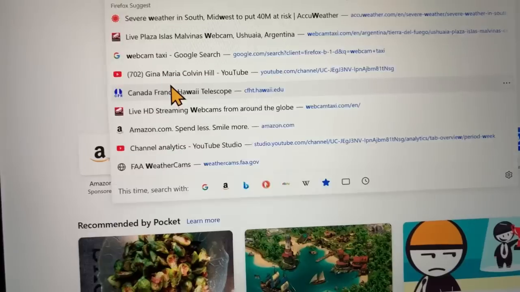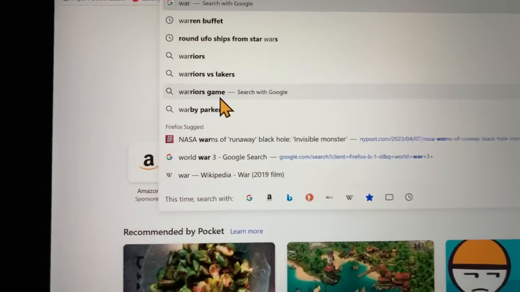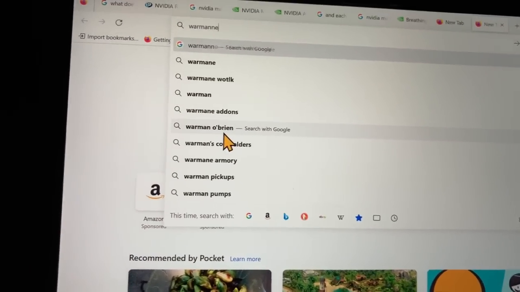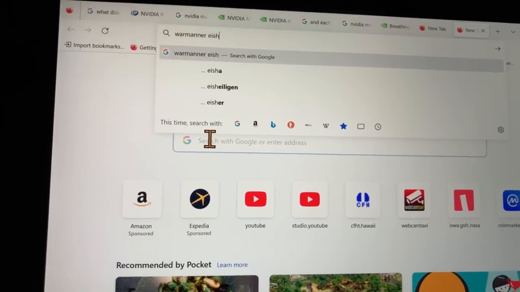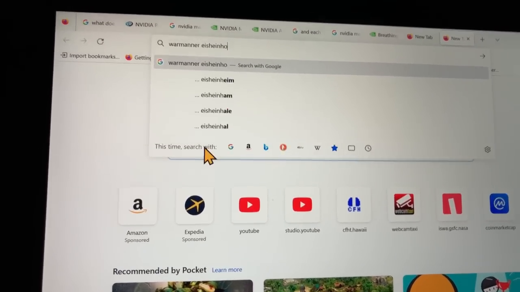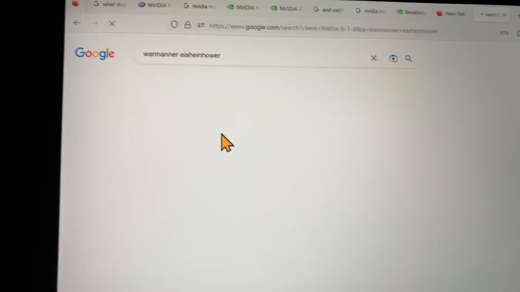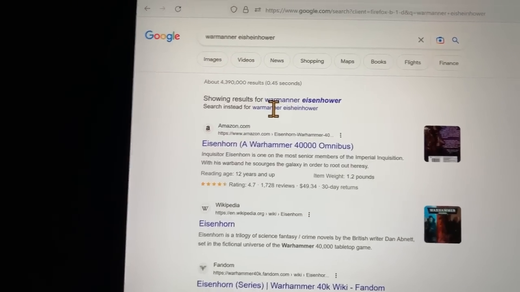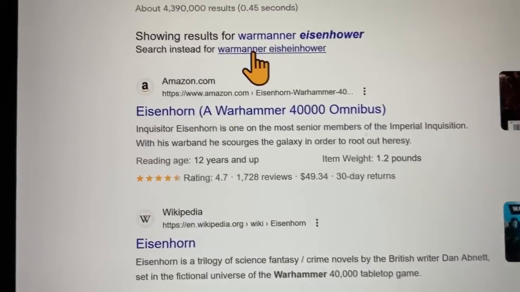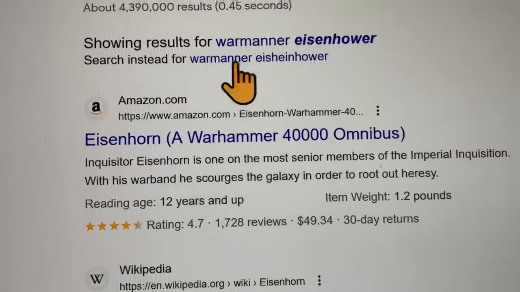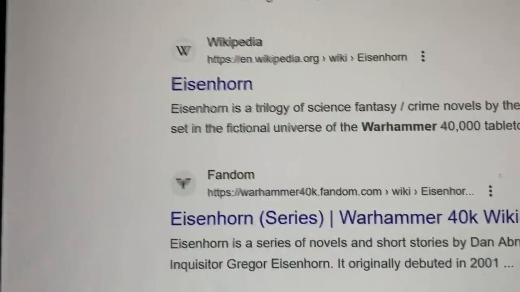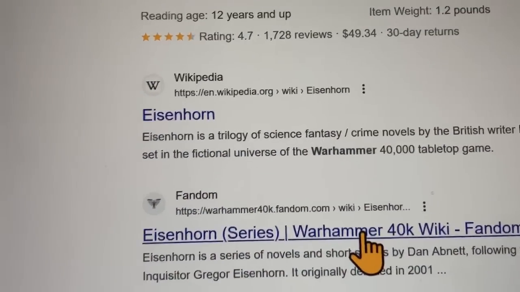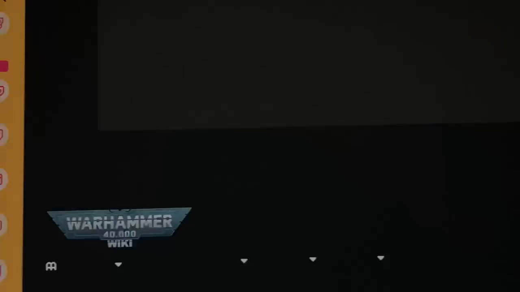It's a manga called Eisenhorn. Right here. It's a fantasy, you all. But this is really gory.